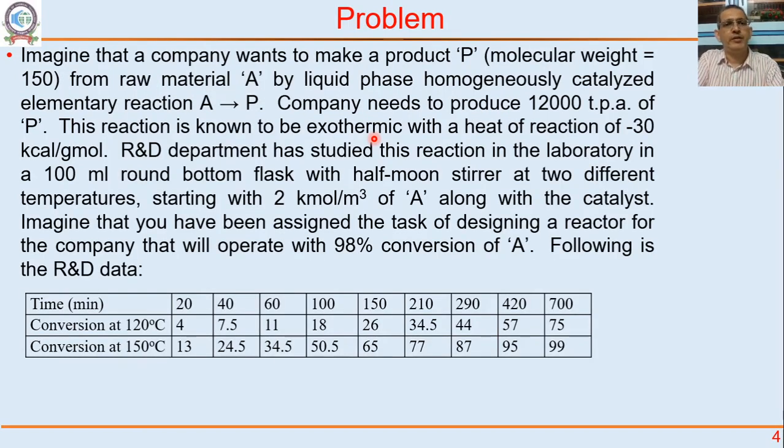So here is a real life problem. Imagine that a company wants to make a product P, let's say molecular weight of P is 150, from a raw material A by a liquid phase homogeneously catalyzed reaction, an elementary reaction A going to P. When we say elementary reaction, what do we mean?